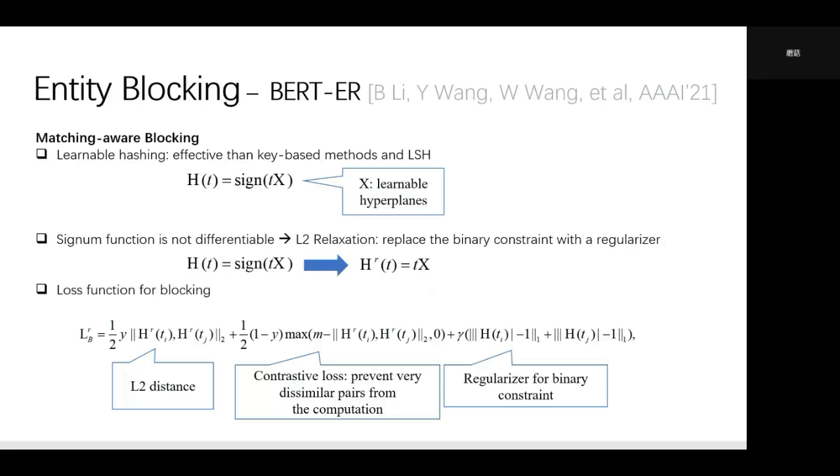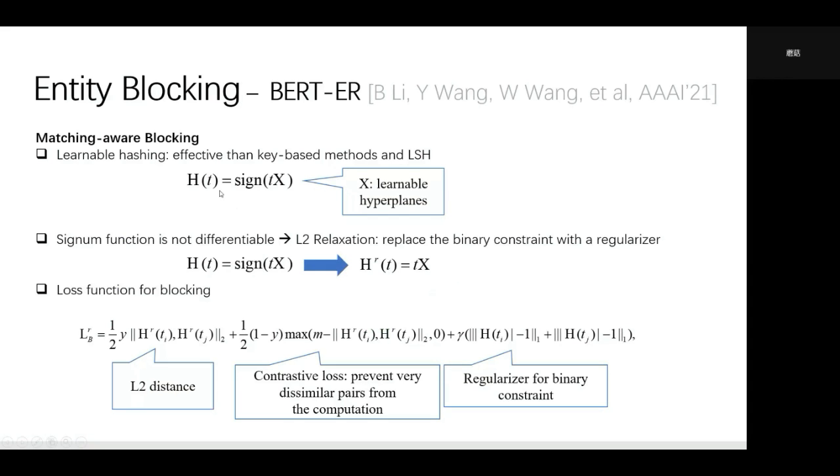In the first equation, T is the tuple, HT is the final binary code of the tuple, which is the binary representation of the tuple T. And this T is the dense representation, and X is the learnable hyperplanes.